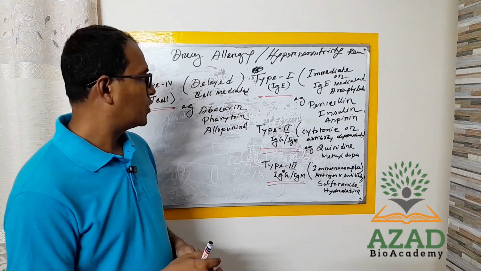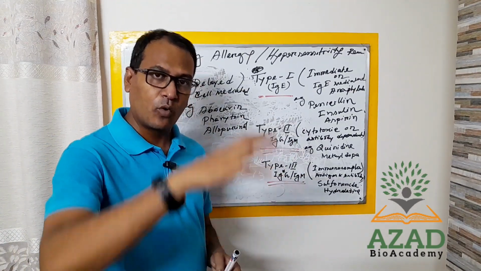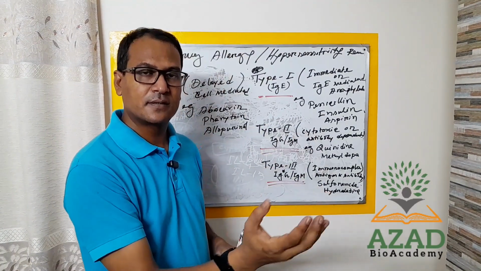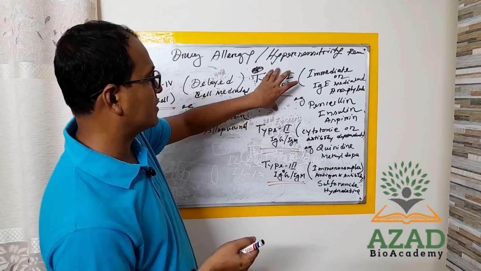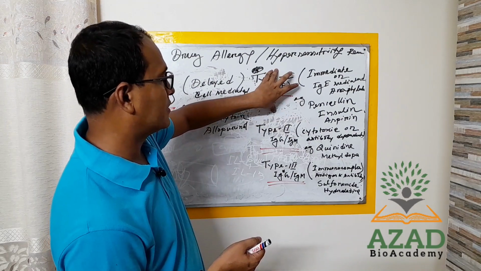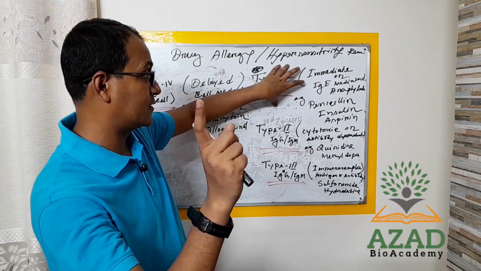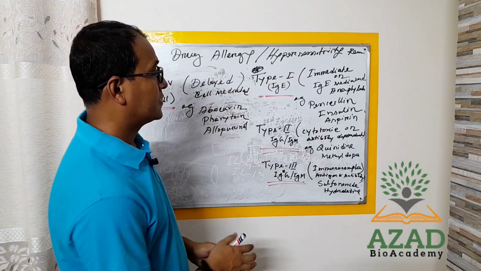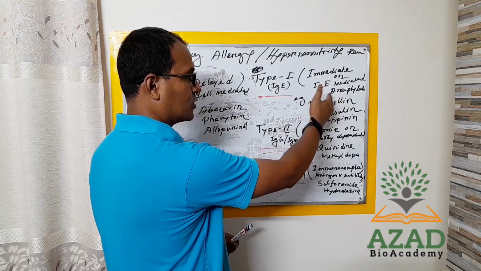Okay, so the overall signaling events is called the basic allergy. So in that way you can consider type 1 hypersensitivity reaction is basically the drug allergy. Okay, and here penicillin is one of the major drugs to cause allergy.